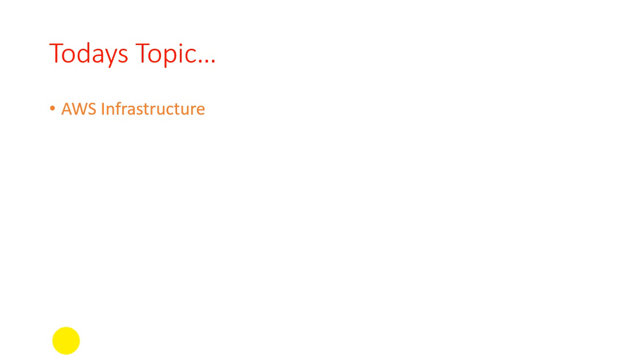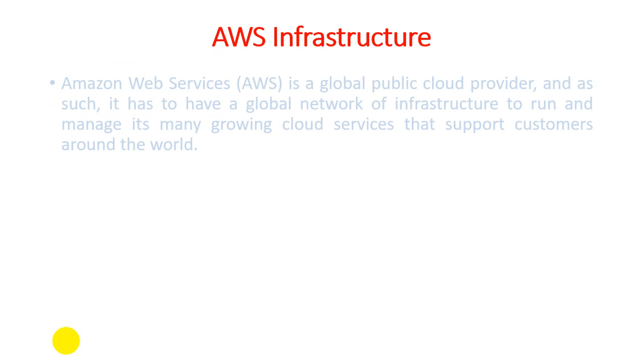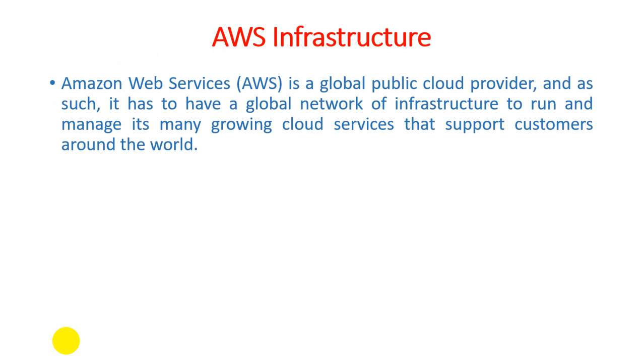So, AWS infrastructure. Amazon Web Services is a global public cloud provider, and as such it has to have a global network of infrastructure. In a previous lecture we discussed that AWS has clients in over 190 countries, and they have lots of servers in different countries.